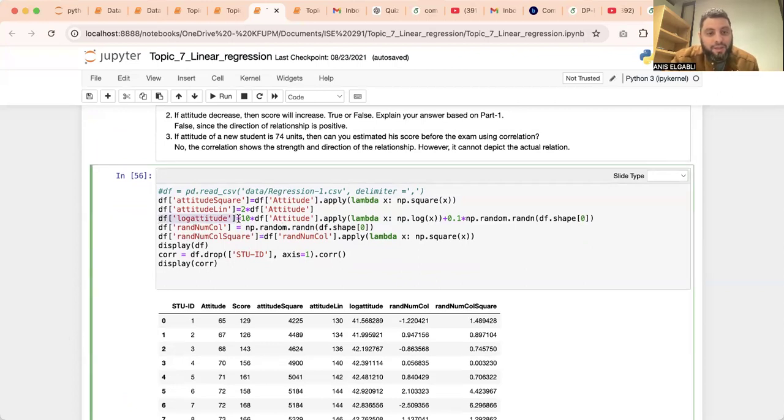So here another column that is log attitude. I just take the log of every value in attitude times 10 plus some noise. So on average, it's a log relationship, but with some noise that is coming from the normal distribution.